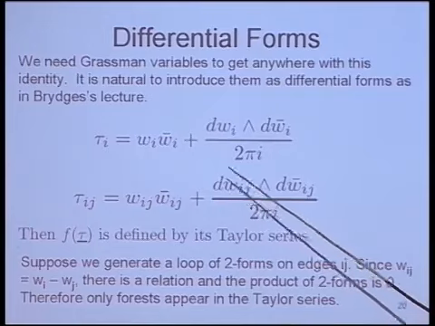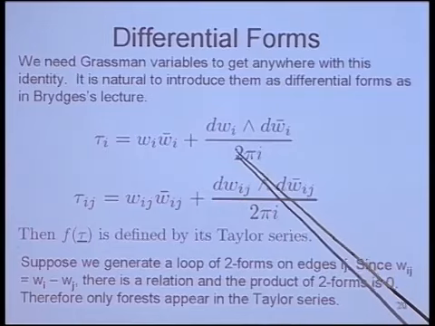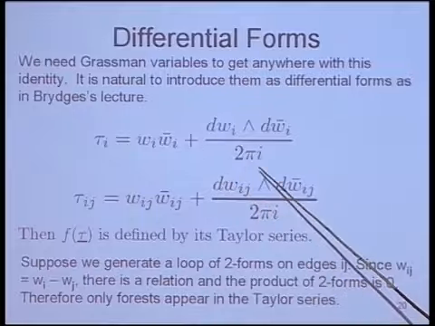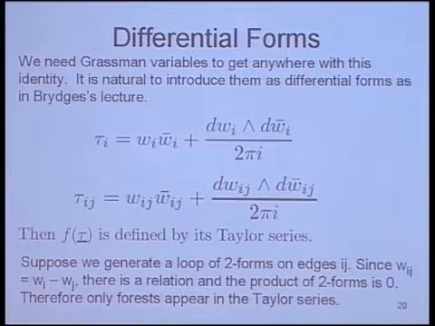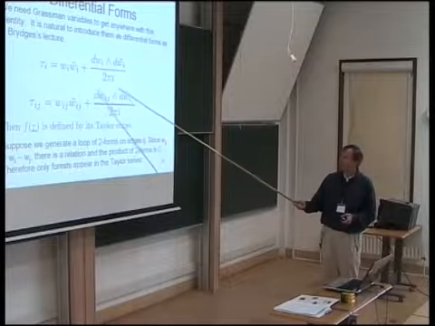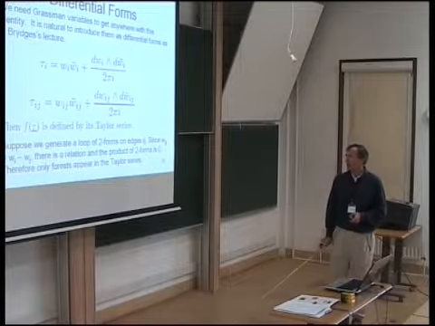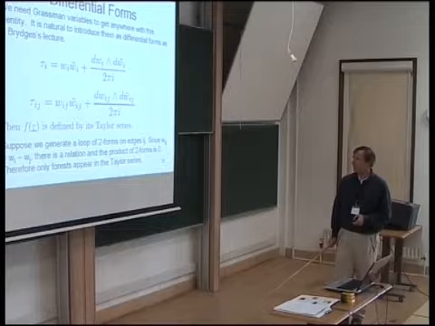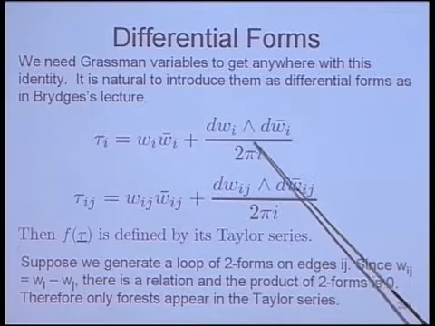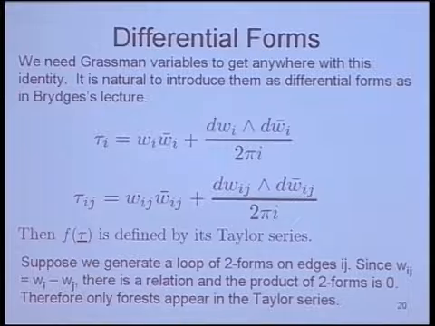What we need to do is go and define differential forms. Really, in this case, okay, you could try to use fermions, but it's natural to use forms here because we have this spatial structure in the problem. We've got these W variables, so why not use DWs for your Grassmann variables instead of just introducing them out of thin air.